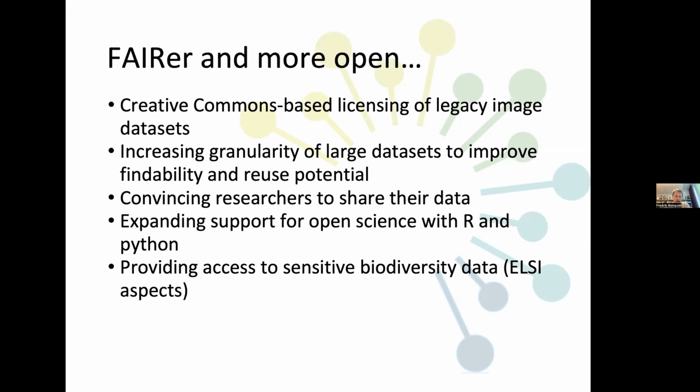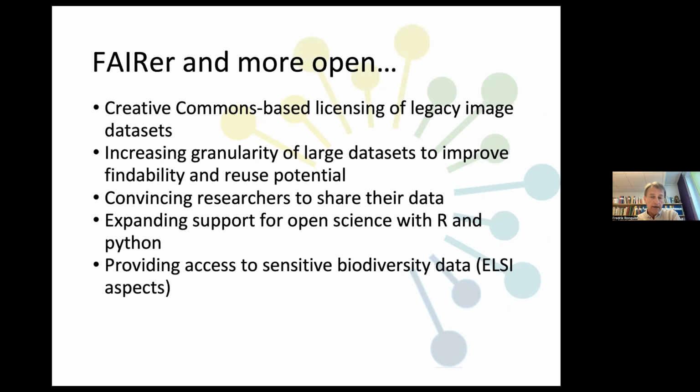One thing we have ahead of us is to provide access to sensitive biodiversity data. So this could be data on, for instance, red-listed species, where sharing detailed information can lead to collectors or people damaging the species that you want to share information about.